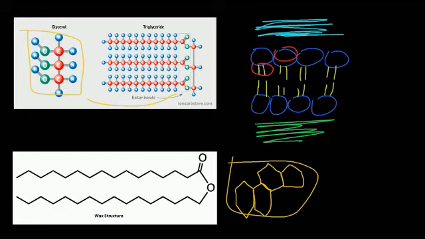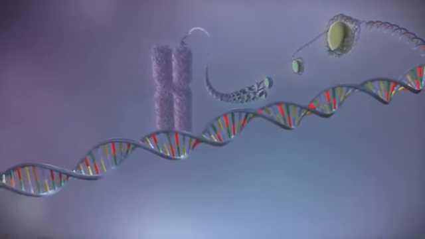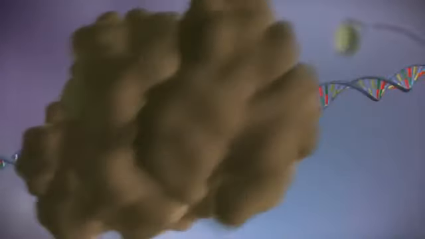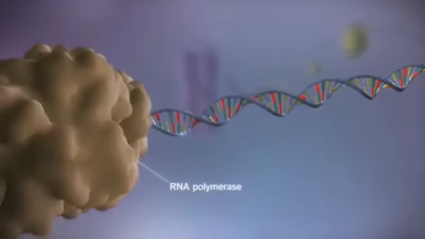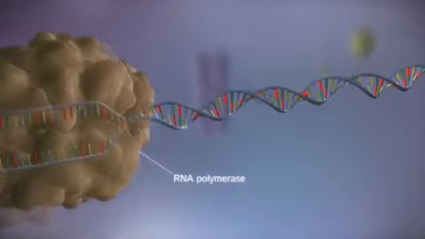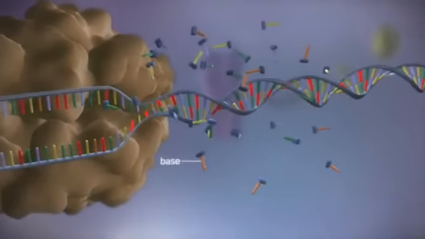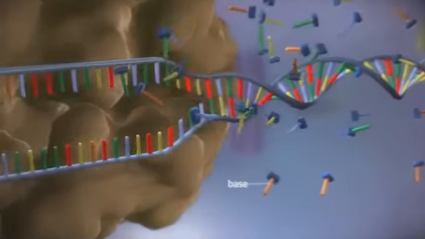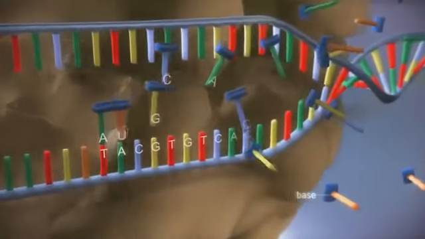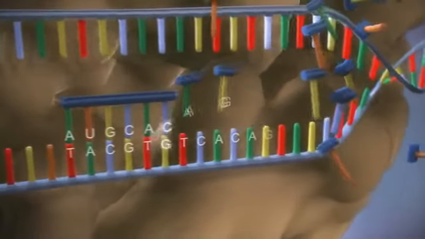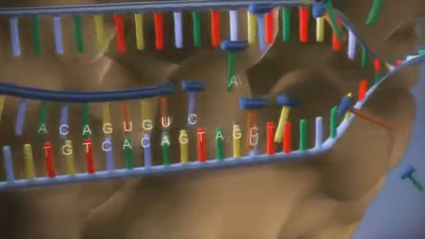And we're going to move on to the last biological molecule, which is nucleic acids. Nucleic acid is an organic molecule that composes DNA and RNA and is involved in the storage and transmission of genetic information.